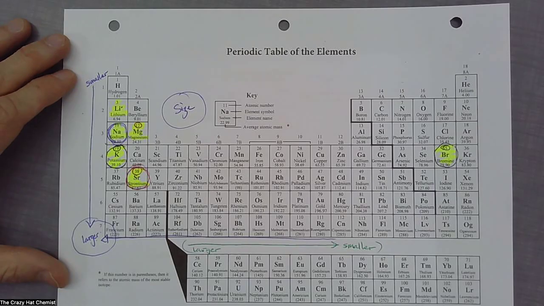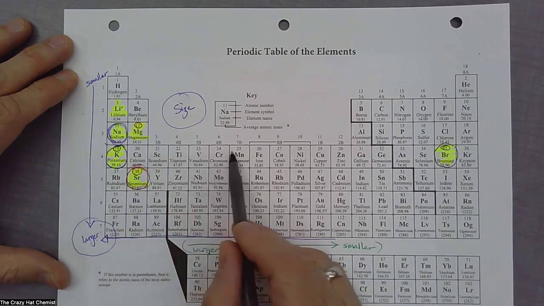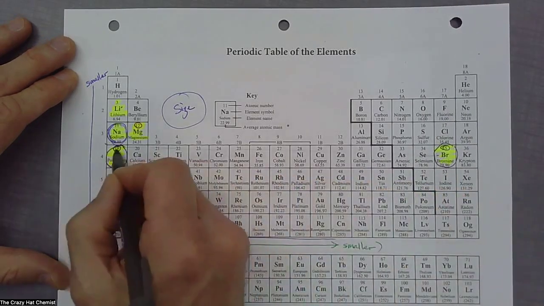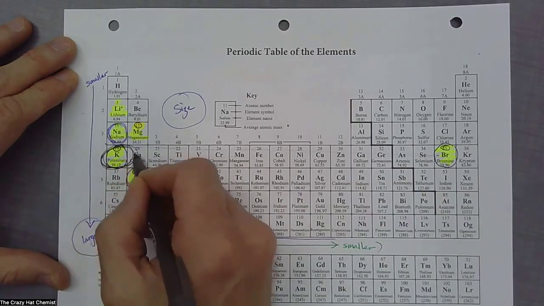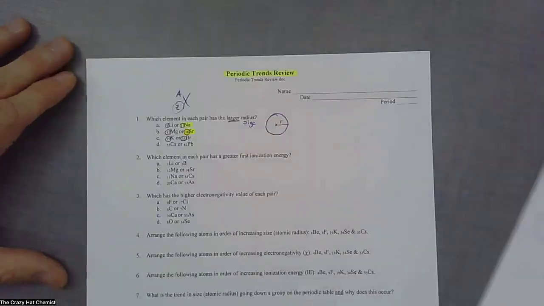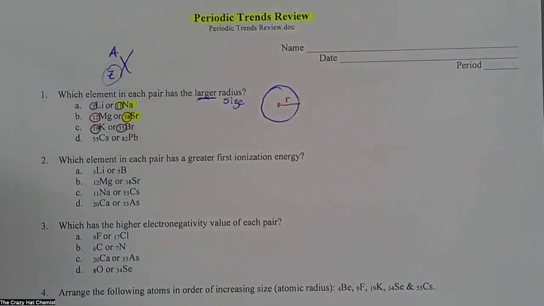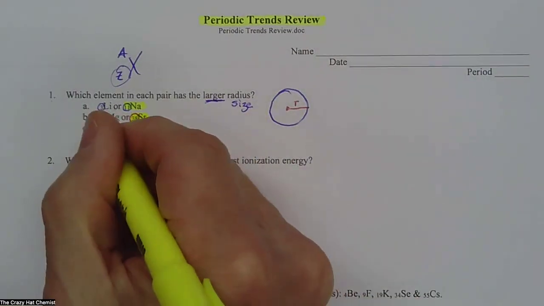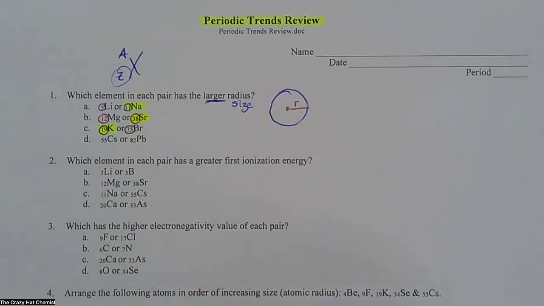And we're asking which one is larger. As you go to the right within a period, they get smaller. Therefore, the larger one is further to the left, and that is element number 19, potassium. So zooming in here, you should see that element number 19, potassium, is the correct answer for that one.